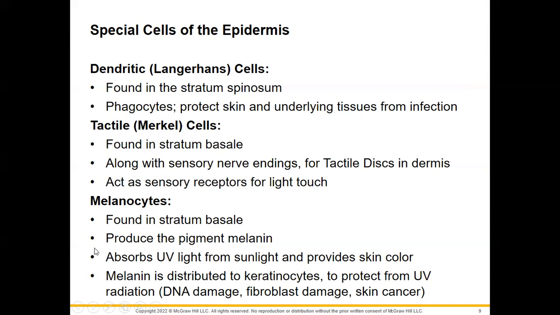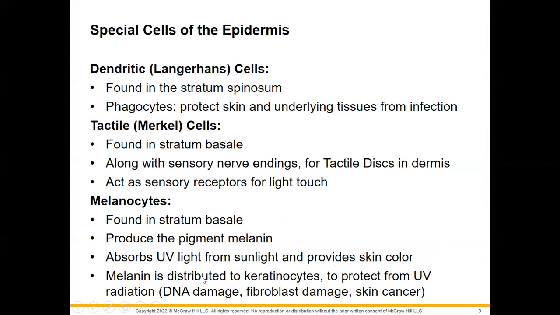So the sunlight produces ultraviolet rays, and those ultraviolet rays will hit the skin, and the melanin from the melanocytes will absorb that. It also provides the skin with color. So whatever color your skin is, from lightest to darkest or from darkest to lightest, that is because of the presence of melanocytes.